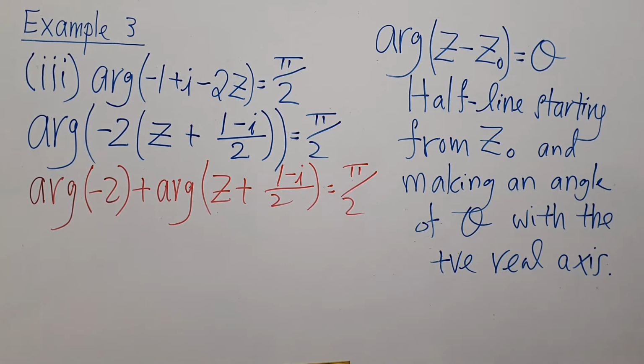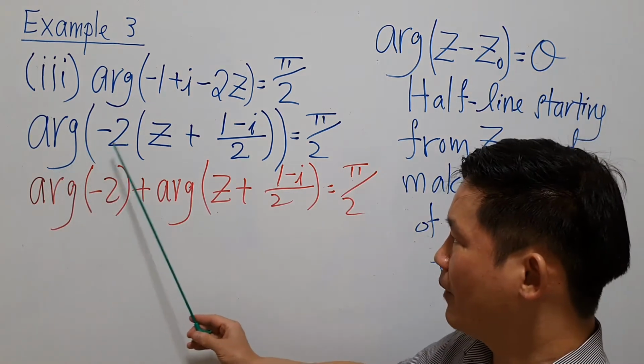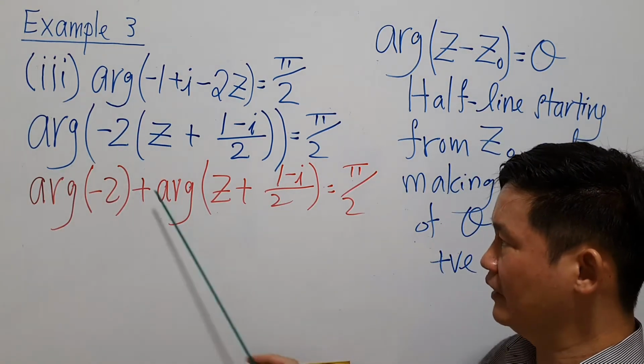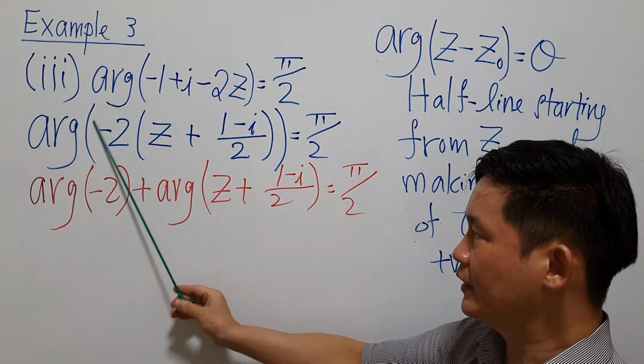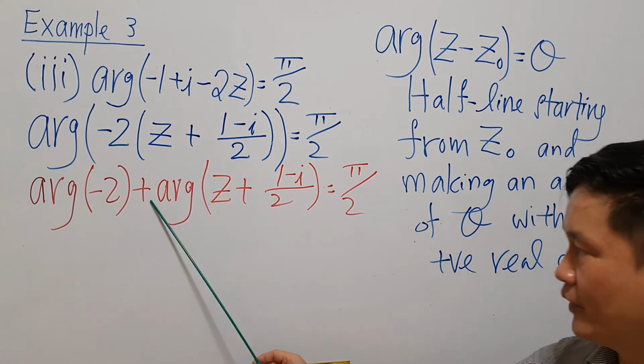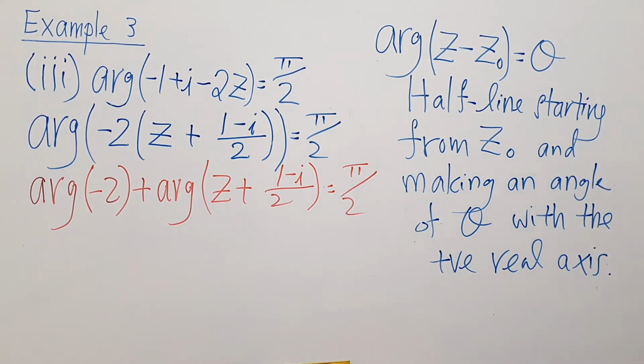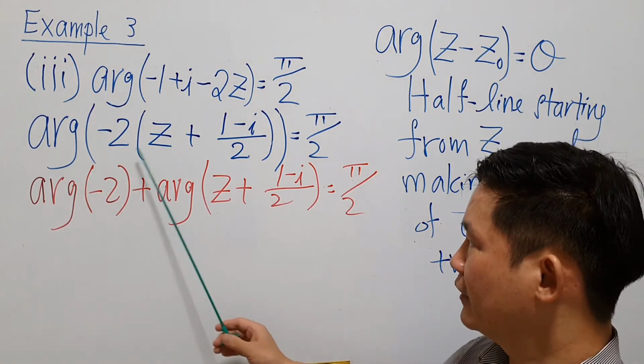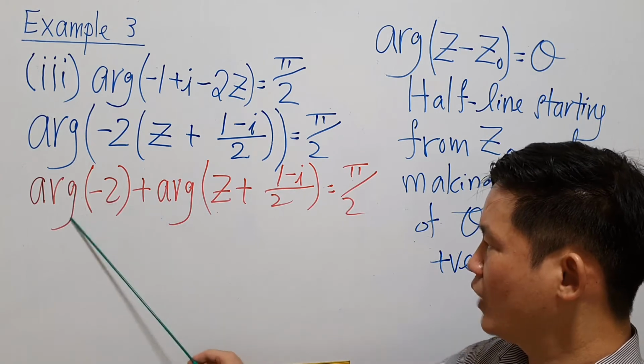If you have learned your complex numbers well, you will know that the argument of a product of two complex numbers, the argument of this times this, is the sum of the two arguments. This is actually something you would probably have already known in lower years, that the argument of a product is the sum of the two arguments.